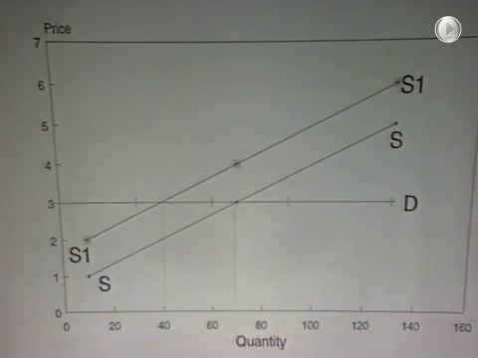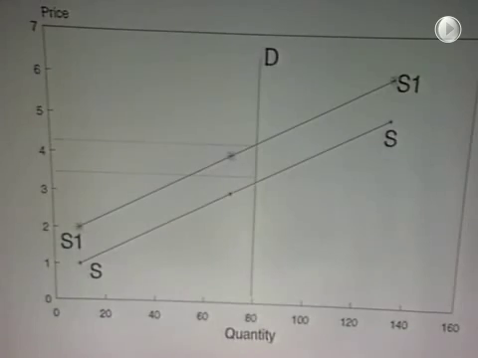So the tax revenue that the government could expect from imposing a tax on this market is less than it could expect by imposing a tax on our alternative market with the perfectly inelastic demand curve.